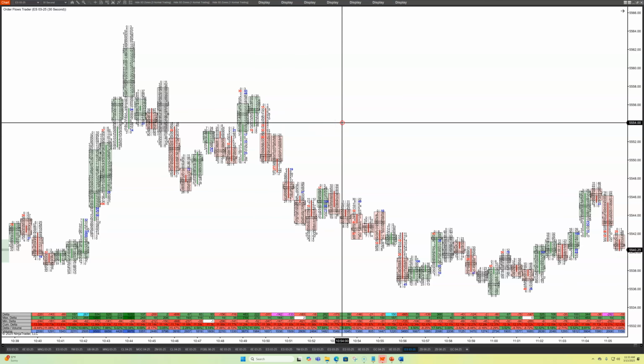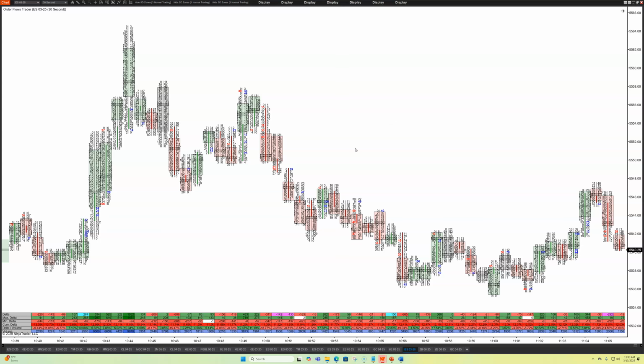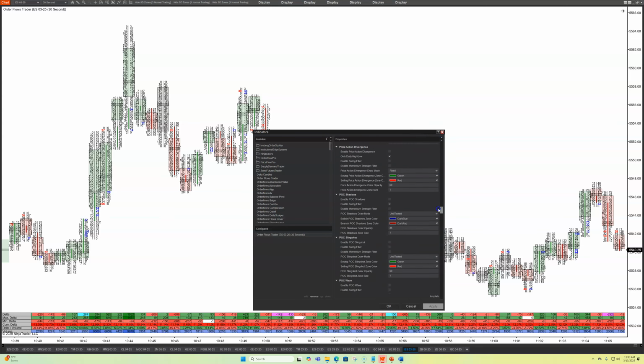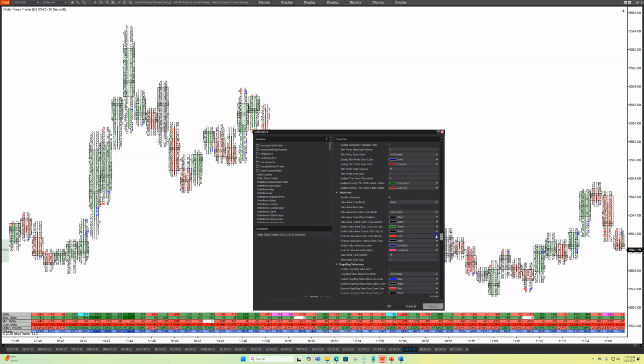Okay, so what we've done is we've taken that analysis, and we've put it into the Orderflow trader software. Okay, so what you're going to do to use it is you're going to scroll down to the value areas, and you're going to click here, value area absorption. Now, bear in mind, right, there's colors involved here.